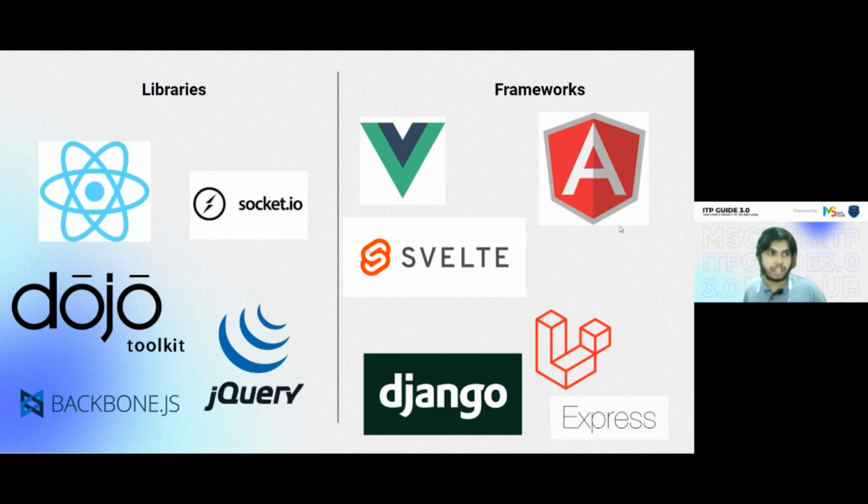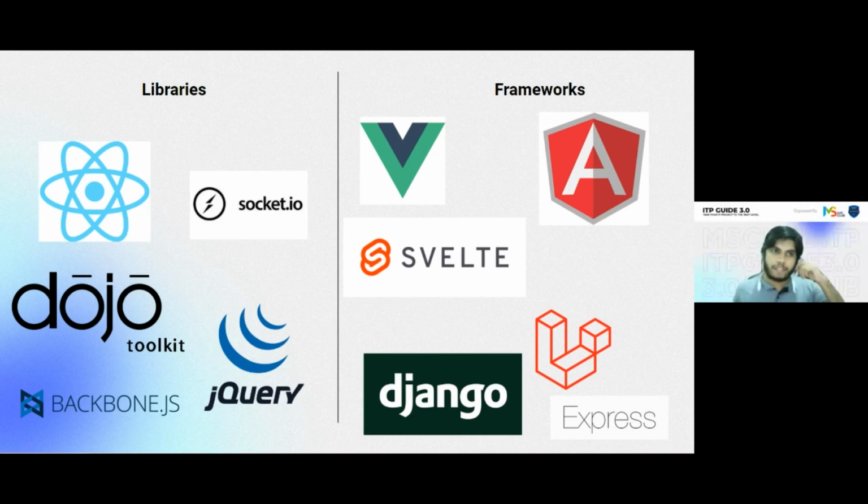As you can see on the left, you have examples of very popular development libraries. You have React.js, Socket.io, Dojo Toolkit, jQuery, Backbone.js. These are some of the quite popular front-end development libraries being used these days.